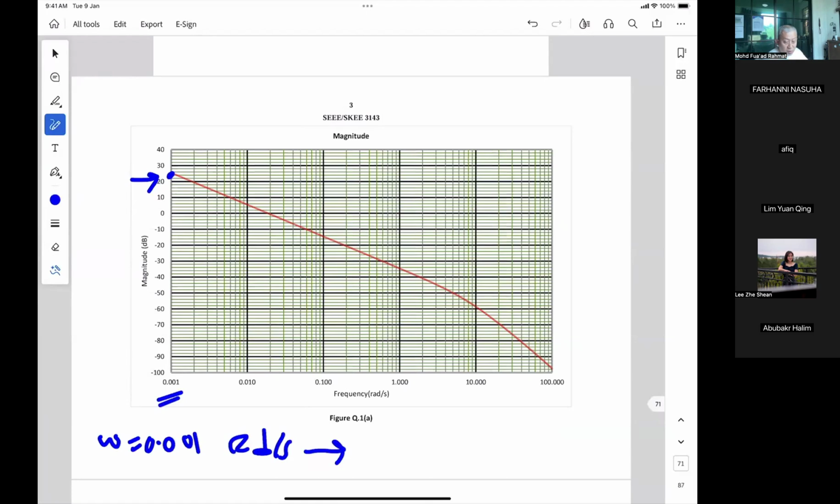Farhani said 26. Cuba tengok betul. 25.5. 26 lah. Okay. Farhani, another one here at 0.01.